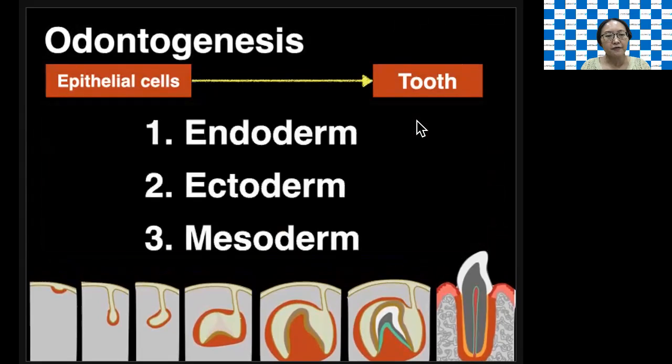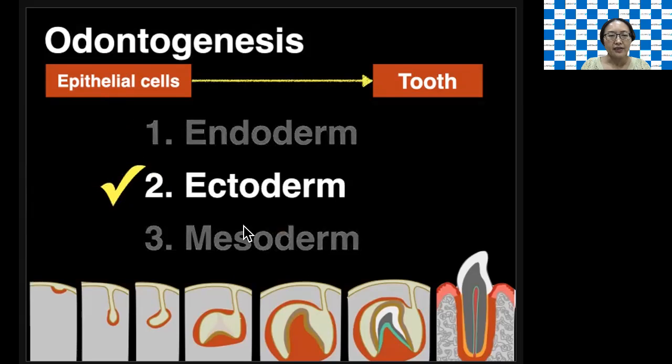So here comes the first question. The teeth originated from the epithelial cells, and the epithelial cells belong to which one? The endoderm, the ectoderm, or the mesoderm? Okay, the answer is the ectoderm.